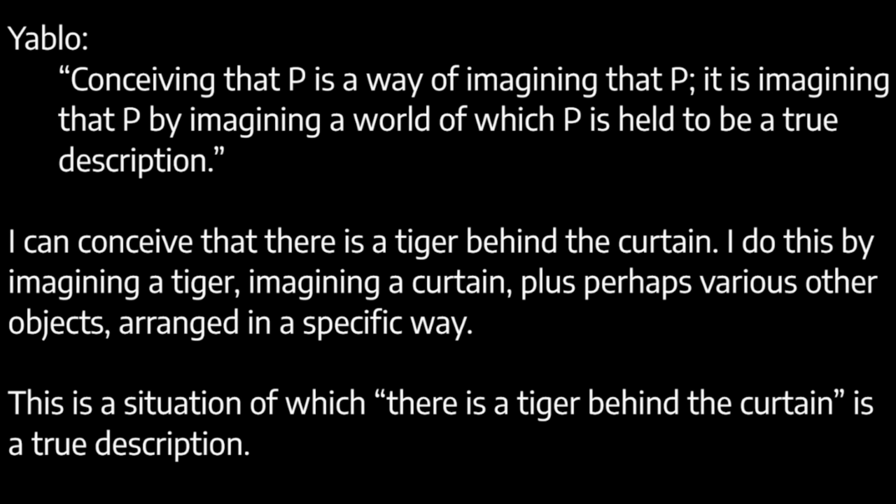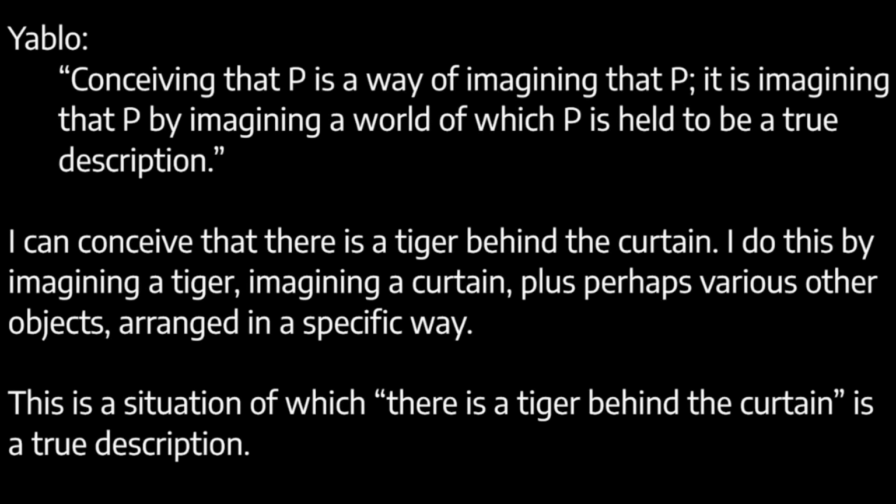Take, for example, the claim, this is Yablo's example, that there is a tiger behind the curtain. What is it to conceive that there's a tiger behind the curtain? Well, I imagine a tiger with its various properties. So I imagine various body parts, particular colours and shapes, maybe the stripes of the fur and so on. I imagine various other things are arranged in a particular way. So there's going to be a curtain, maybe a window, maybe a floor. So I've got a picture of these things, right?